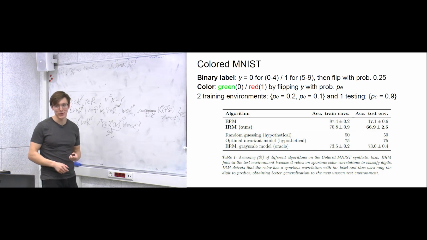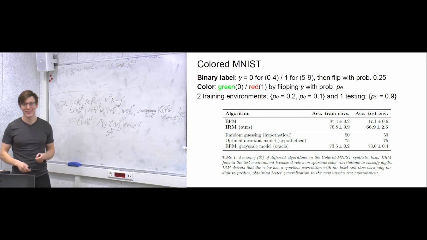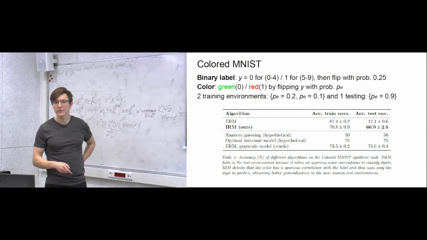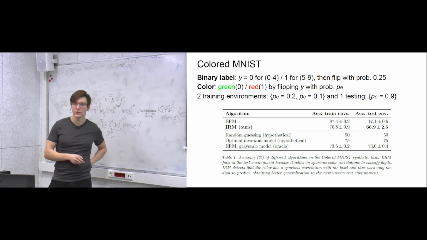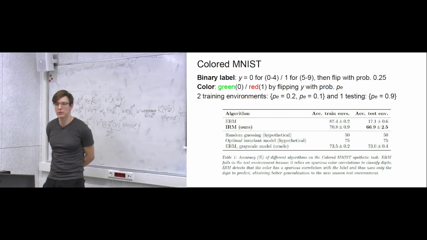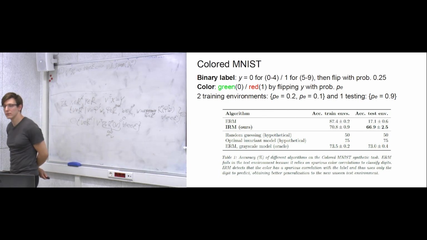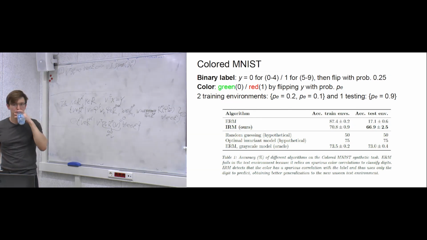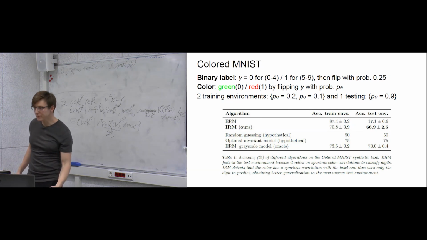Maybe. We can discuss it after the talk. They explicitly constructed a task where there are very powerful spurious correlations to be had. The spurious correlation is in the color, not in this flipping probability. That's why I don't understand why we do it.